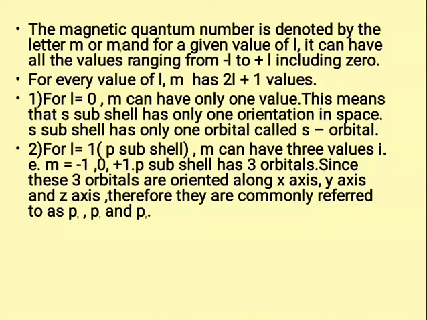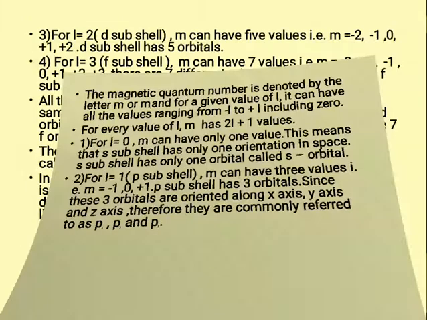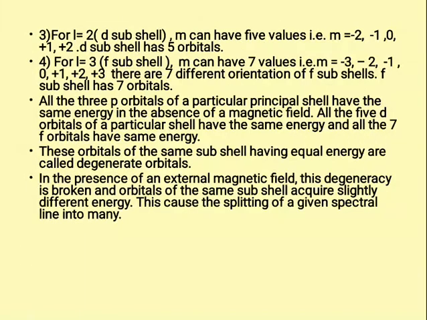Similarly, put L equals 2. When L equals 2, we can have a total of 5 values. According to the formula 2L plus 1, we have 5 values starting from minus L to 0 up to plus L. That means we start from minus 2, minus 1, 0, plus 1, plus 2.